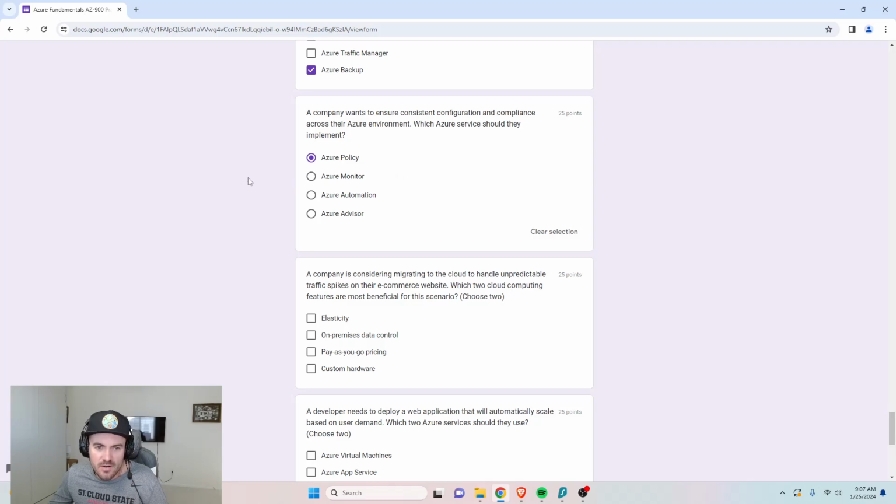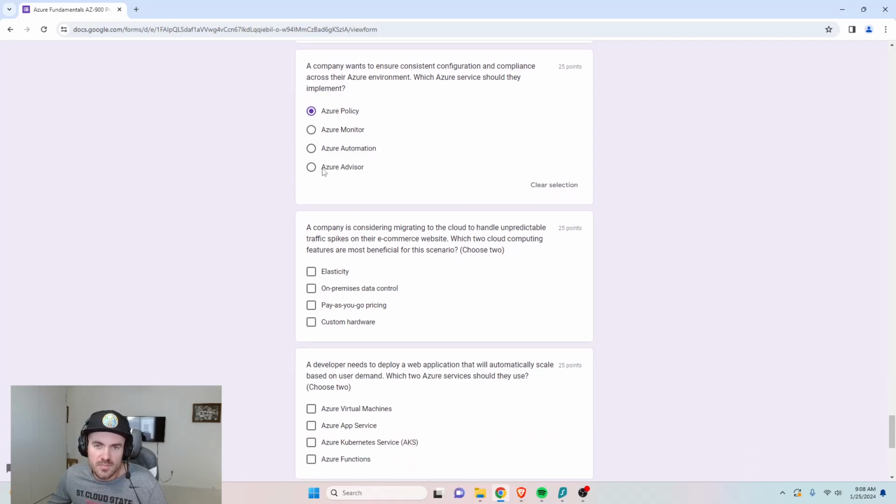Monitor is for monitoring, Automation doesn't have to do with compliance. And Advisor isn't specifically for compliance. It also includes other things that aren't really related to compliance itself. Some of these things may help with configuration, but we need configuration and compliance, right? So remember to read the questions carefully.